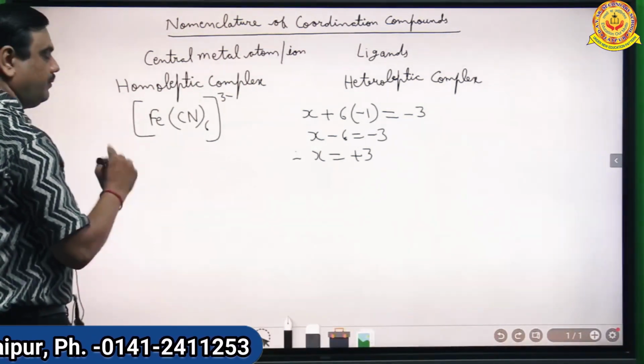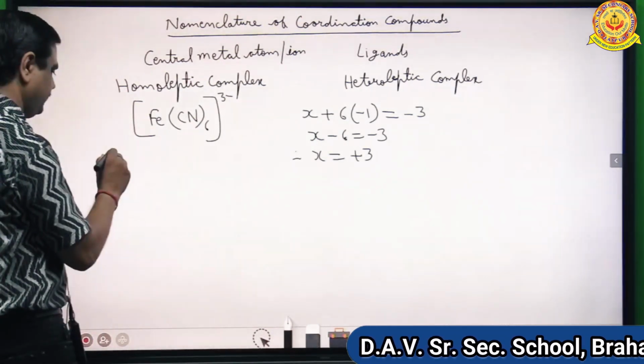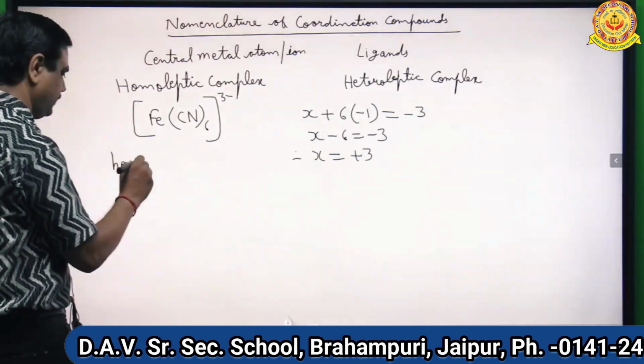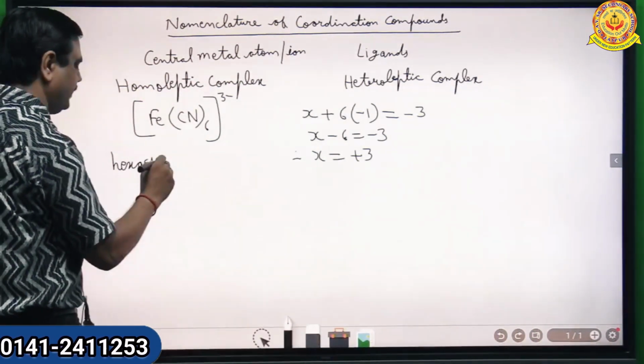Now for writing the name of ligands, the same rule is there. Hexa, then the name of ligand, that is cyano.